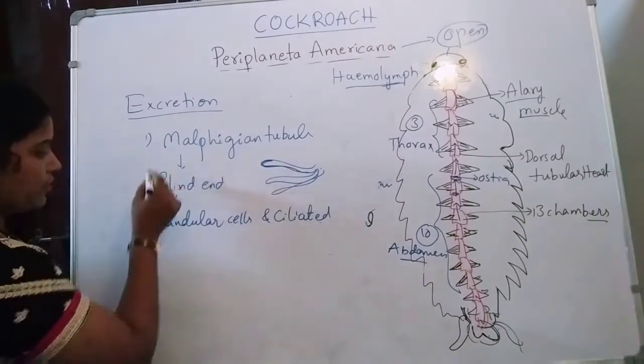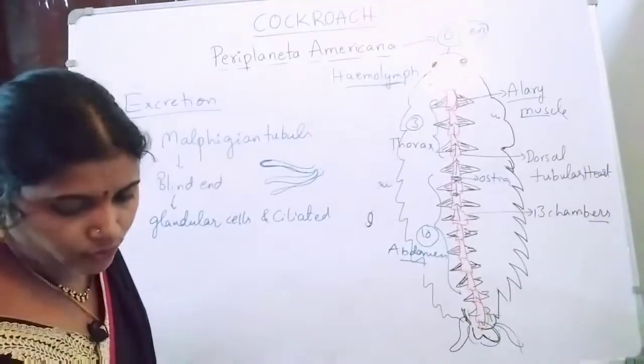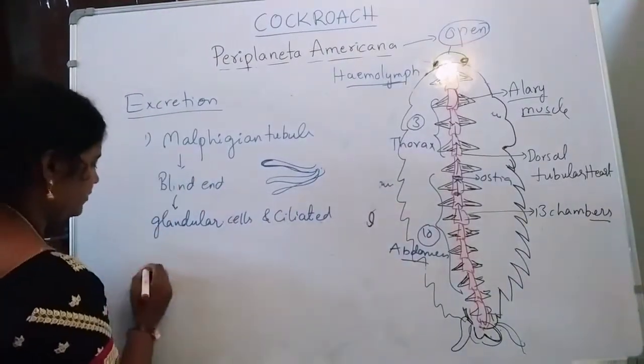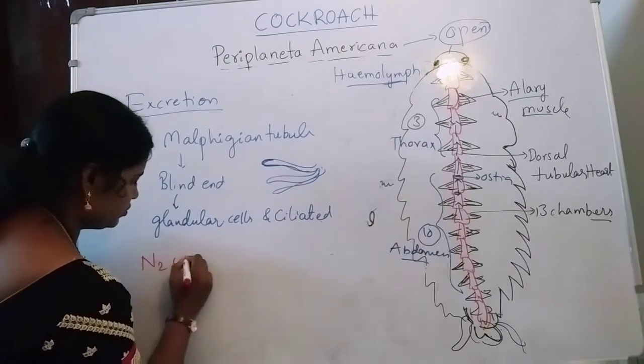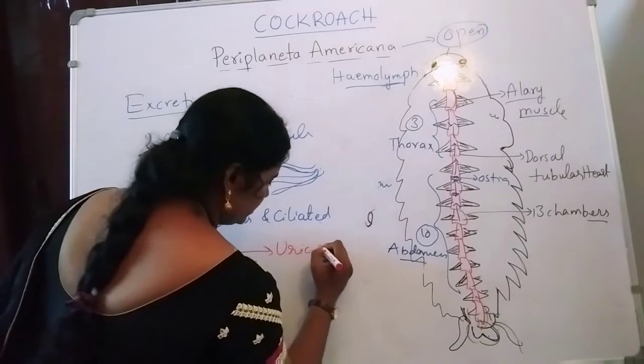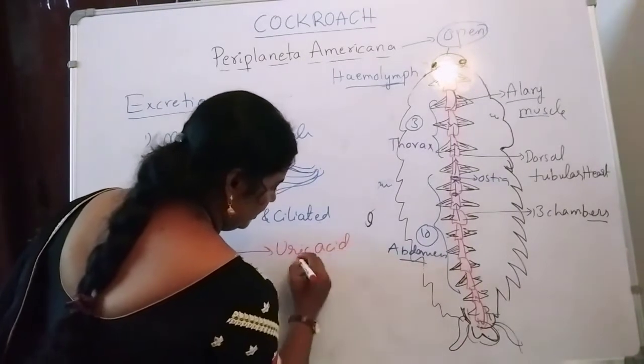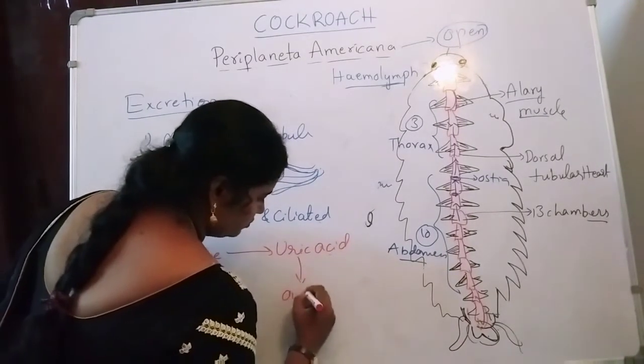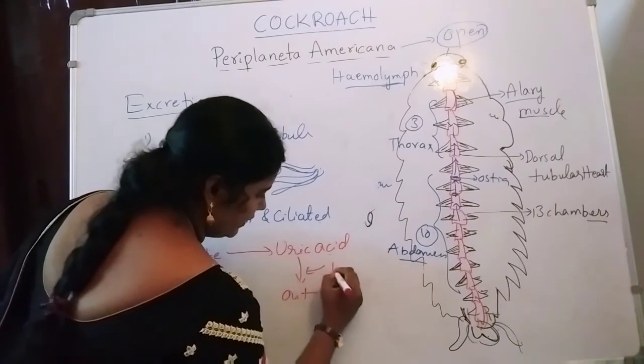See here, the main function of the Malpighian tubules is to convert the nitrogenous waste into uric acid. This uric acid is going to be excreted out through the hindgut.